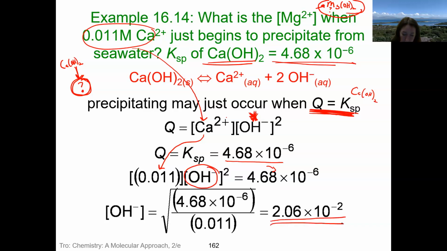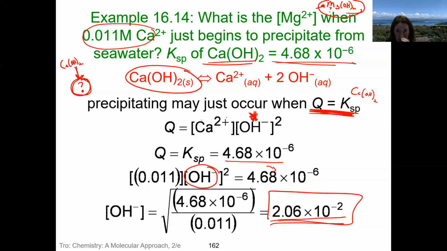So this is the concentration of OH when calcium hydroxide just begins to precipitate. So when we first get our first solid calcium hydroxide, the OH concentration is 2.06 times 10 to the negative 2. So now we're going to plug it in there and solve for magnesium. So we're going to then use the magnesium hydroxide KSP to solve for magnesium. Okay, that's our plan.